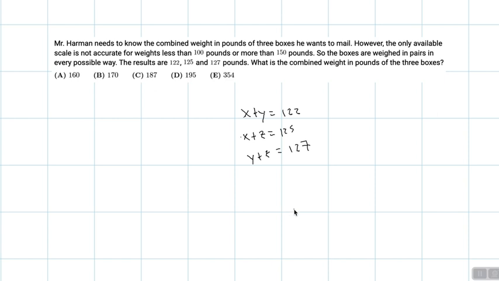Well, 2x plus y plus z is going to be 247.